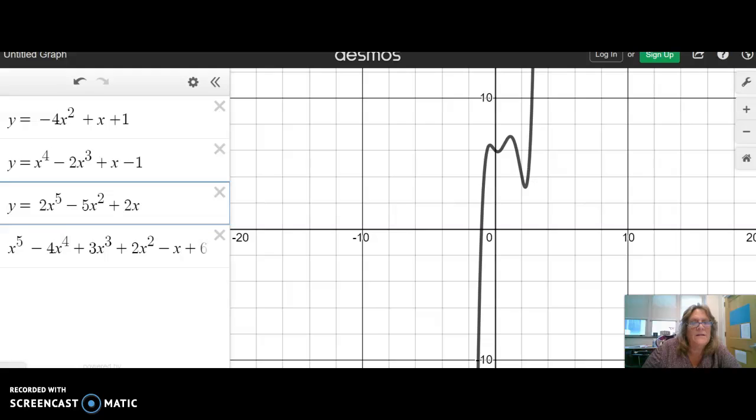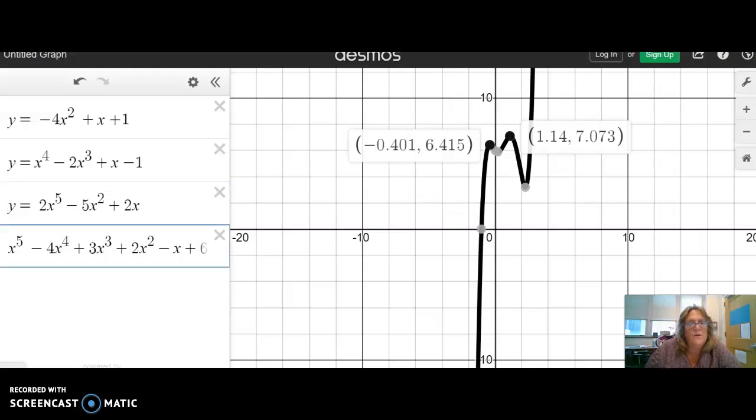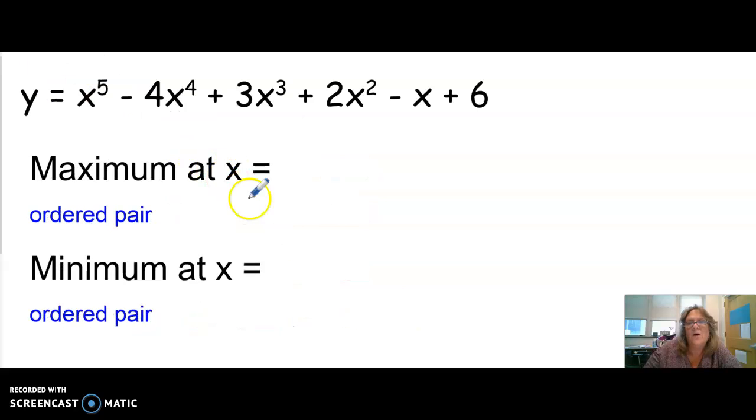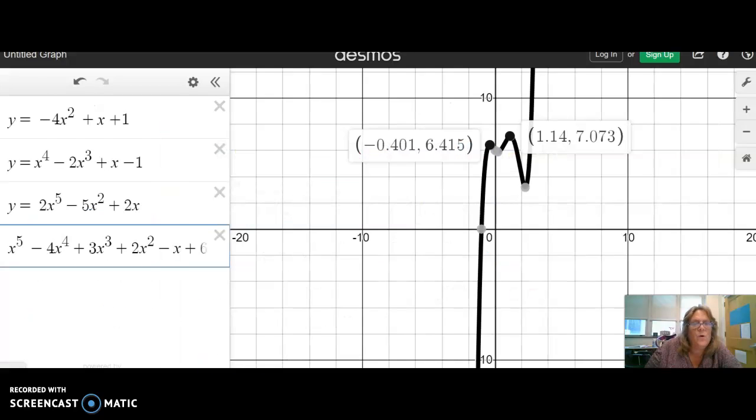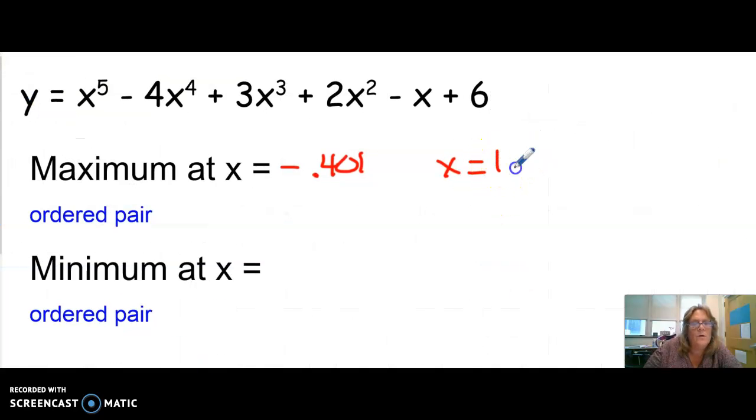So if we look at this, I've got a maximum here and here. So at x = -0.401, and we have another one at x = 1.14.